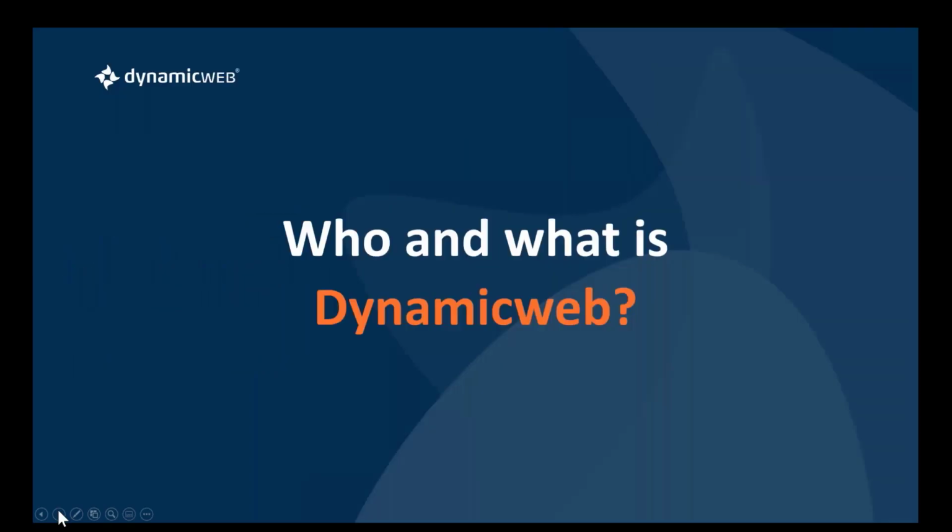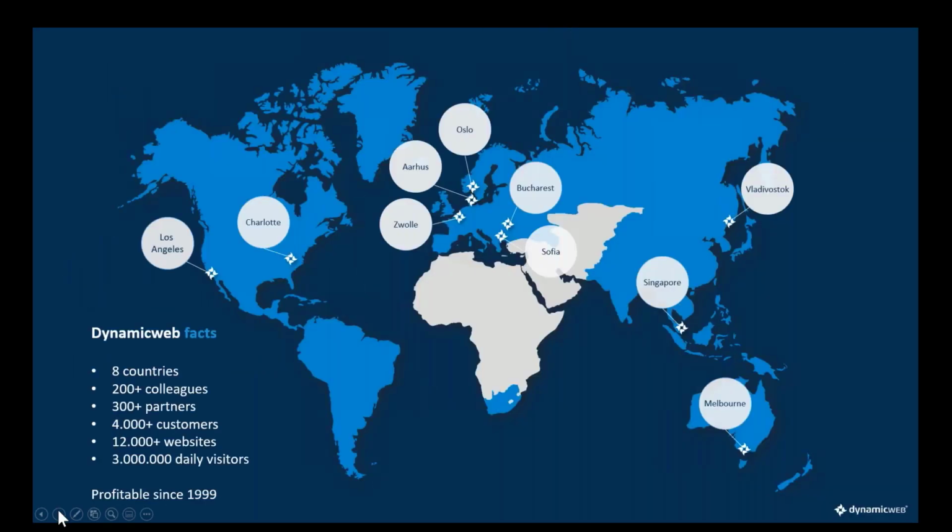So just to give you a short sum up of who and what is Dynamicweb. So we started in 1999. That means that we have been in the, you could say, web sphere for the last 21, 22 years. We entered the North American market in 2010. We opened the office in Singapore in 2013, and we made a distribution agreement covering Australia in 2019.